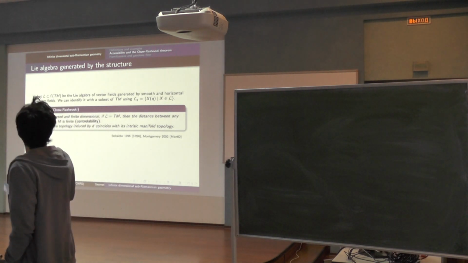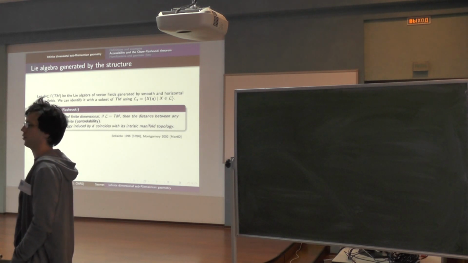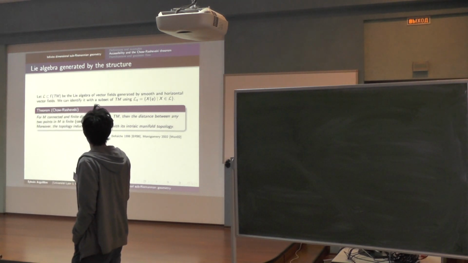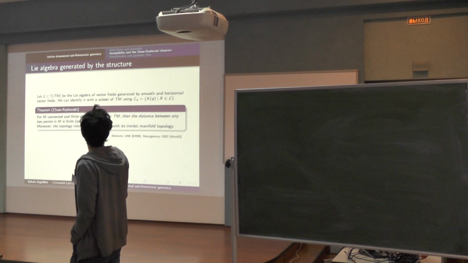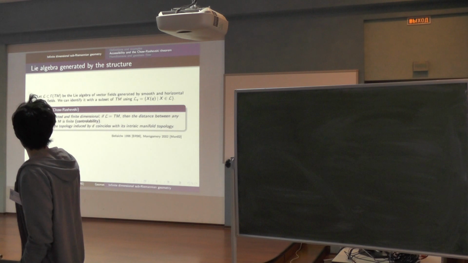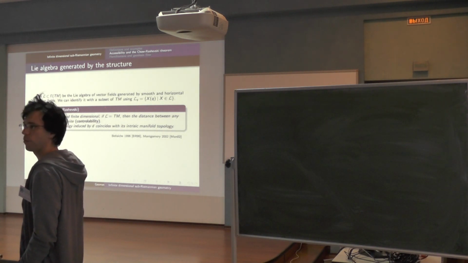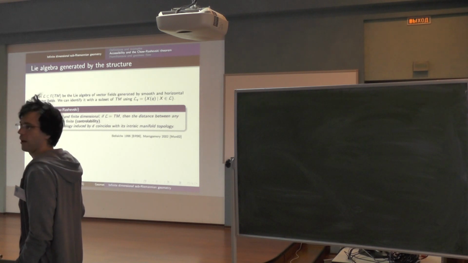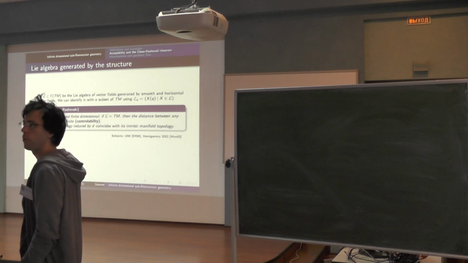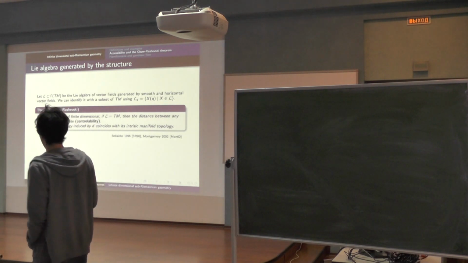So, take L, the Lie algebra generated by horizontal vector fields, right? This can be identified as simply a subset of the tangent bundle. And we know that in finite dimensions, if this Lie algebra is equal to the entire tangent bundle, then the distance between any 2 points is finite, so any 2 points can be connected by a horizontal curve.